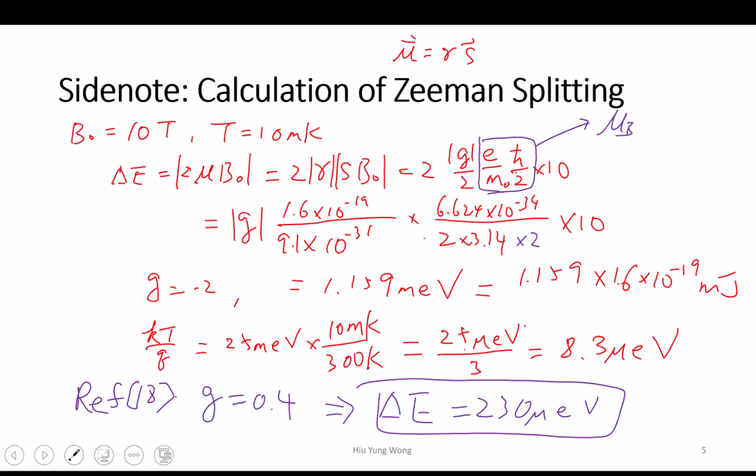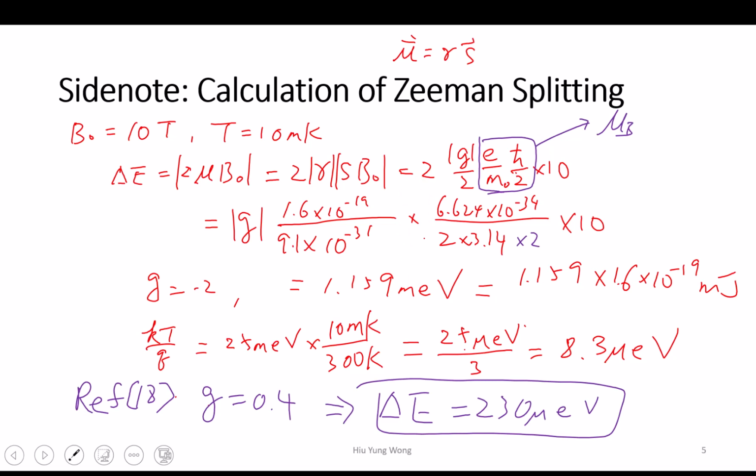Gallium arsenide is even lighter, or maybe, I don't know which value, but it won't be 5 times heavier, right? Because if you want to get this number lower, you need to have an effective mass 5 times heavier, right? But experimentally, they got g equal to 0.4, right?